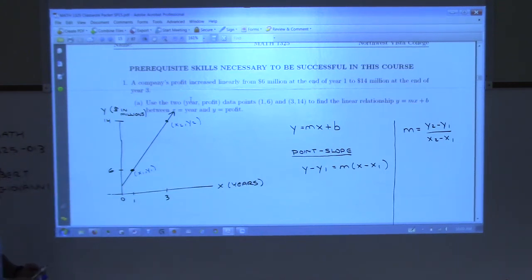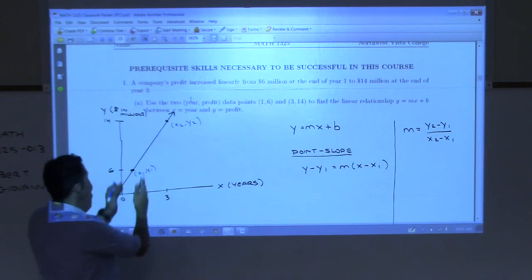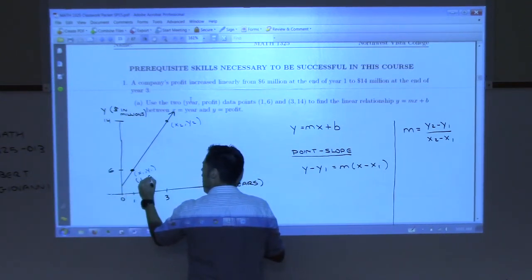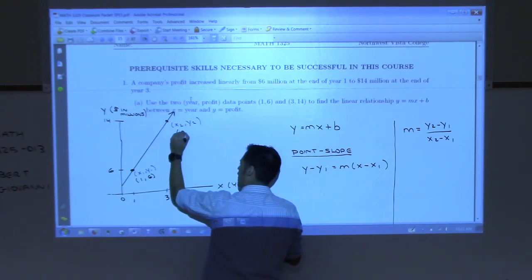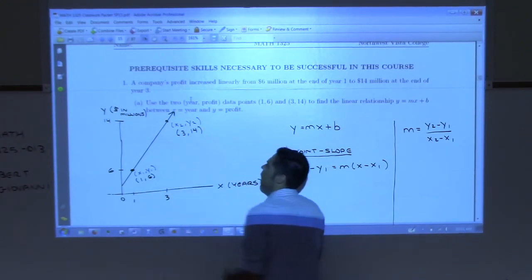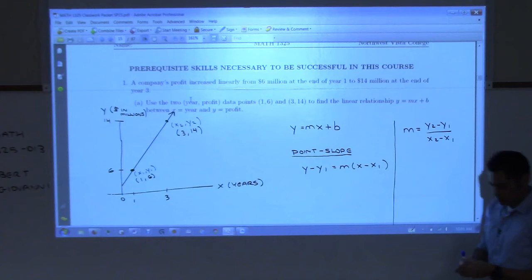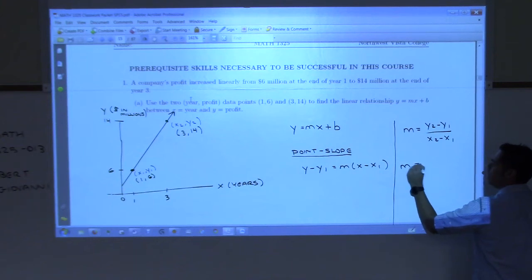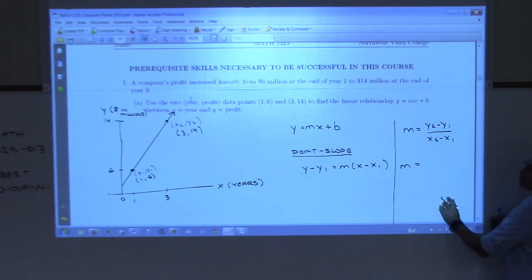So what were those points? We plotted them, but we didn't write them down. So this was the point (1, 6), and this was the point (3, 14), right? So what would our slope be? We're going to do what minus what on top? 14 minus 6 over 3 minus 1.